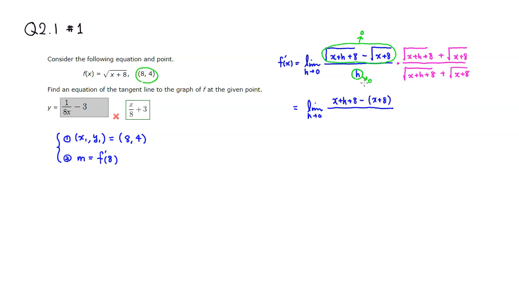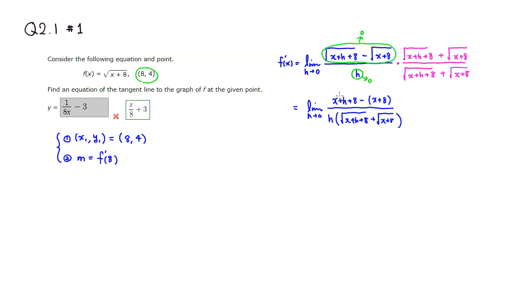And the denominator is h times the other factor, square root of x plus h plus 8 plus square root of x plus 8. It seems like we're making our life even more miserable, but it actually works out really nicely.